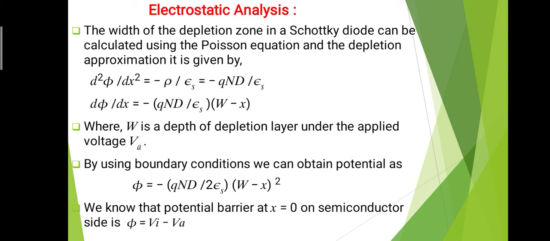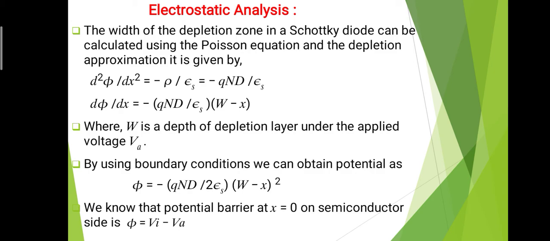Poisson's equation, which we use in electrodynamics, is given by del squared phi equals minus rho by epsilon 0, where phi is the potential, del squared is the operator, rho is the charge density, and epsilon is a constant.